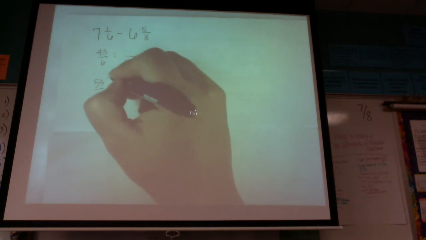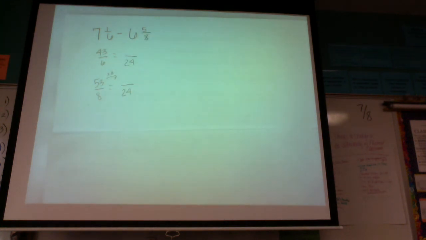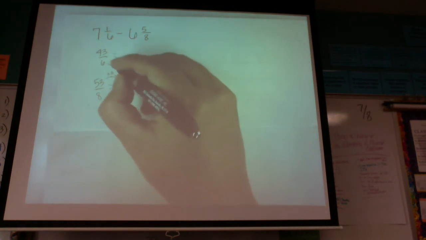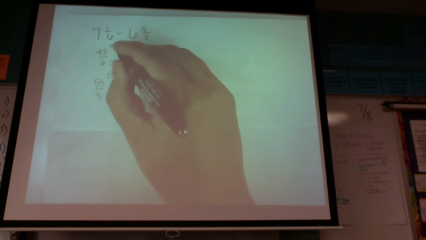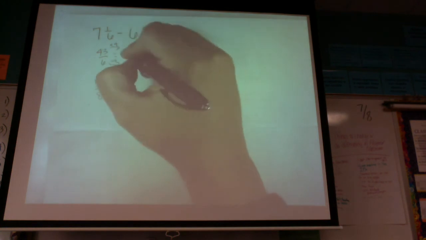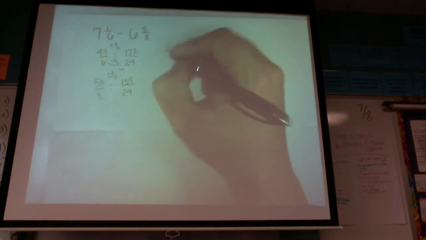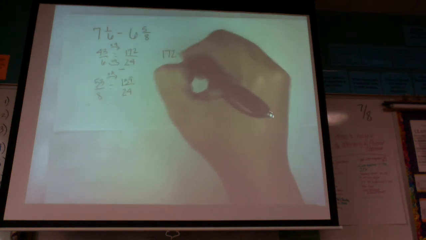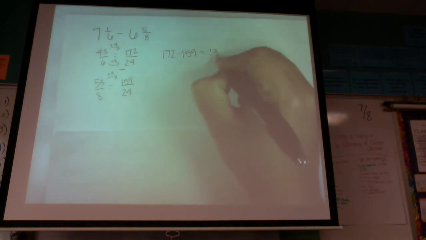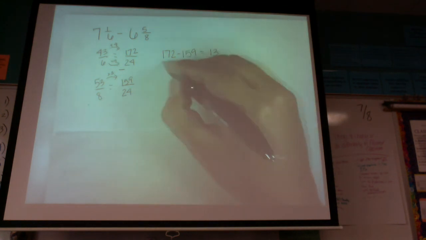So 53 times 3 is going to be 159. 43 times 4 is going to be 172. And we are subtracting those. So 172 minus 159, 13. And I know my common denominator is going to be 24.